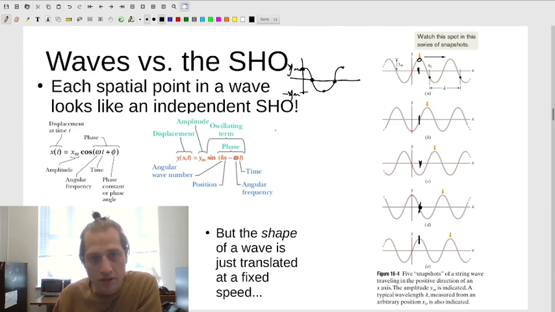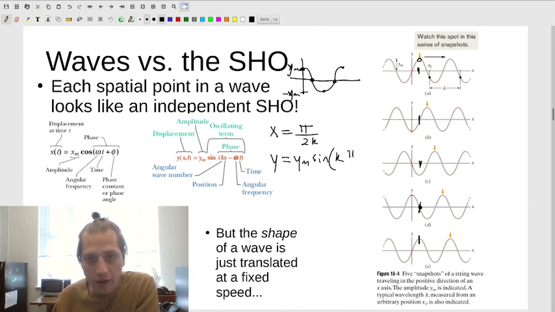So in this case, for instance, we picked x equal to 1/4 of the way through that wave. So it would be, I guess, pi over 2k. If you stick that in, you would get y equals y max times sine of k times pi over 2k minus omega t.